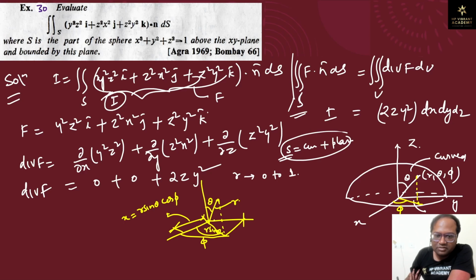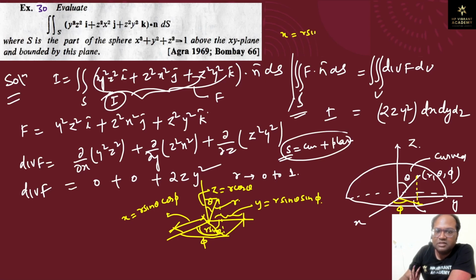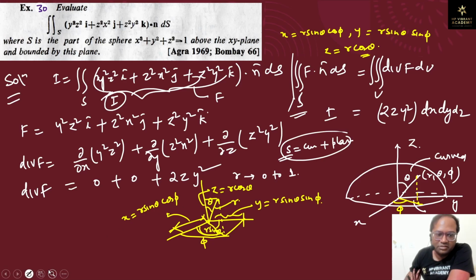Similarly, for y, this is 90 minus phi, so y is equal to r sin theta sin phi. And z is equal to r cos theta. So we have x equal to r sin theta cos phi, y equal to r sin theta sin phi and z equal to r cos theta. Okay, let us write down the limits here.